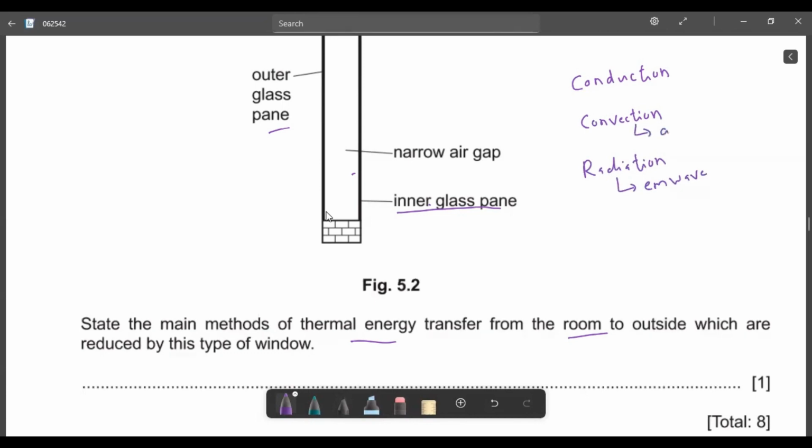Convection means transfer through liquids, gases, or air. Conduction means it is through direct contact of materials, or you can say through solids.